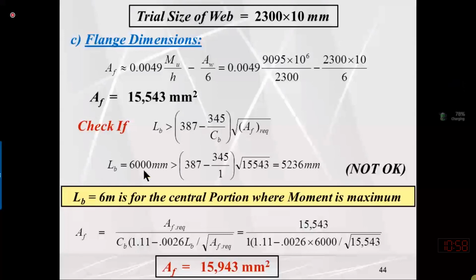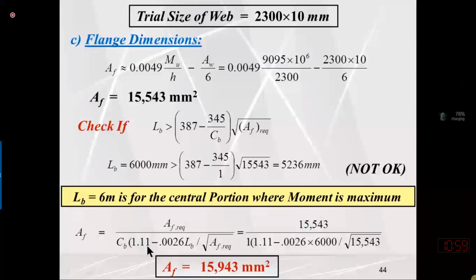CV value assuming 1, LB of the given segment 6000, 1543. So actually you can also substitute the actual CV value. I will explain when we are going to check the capacity. So BF value will be computed. So updated area of the flange is coming out to be 15,943.